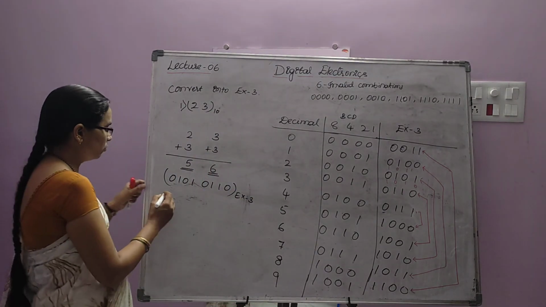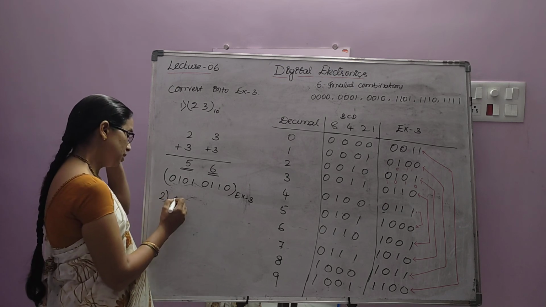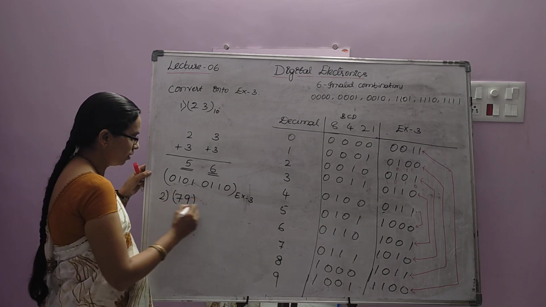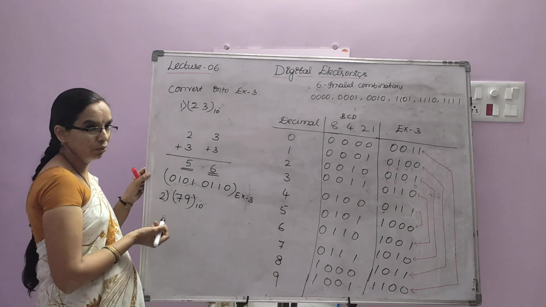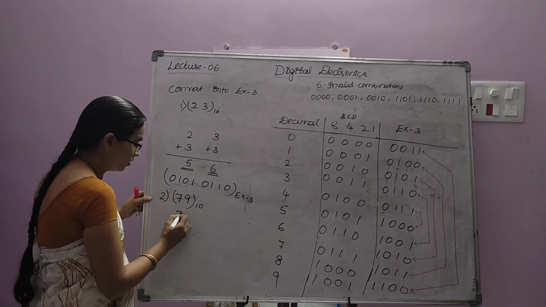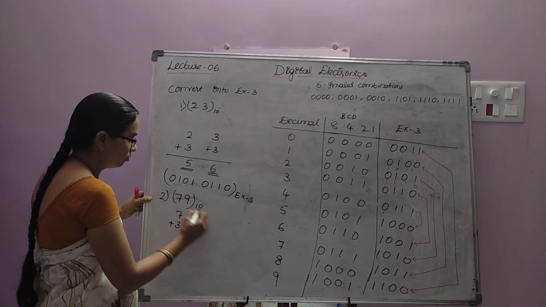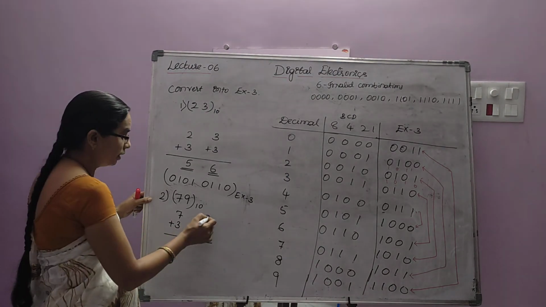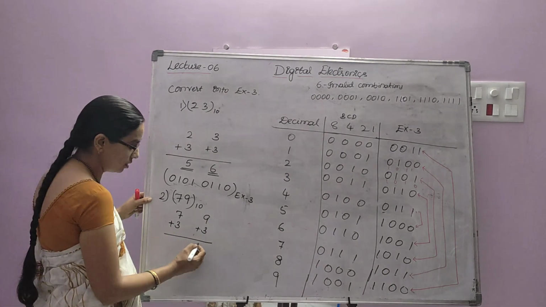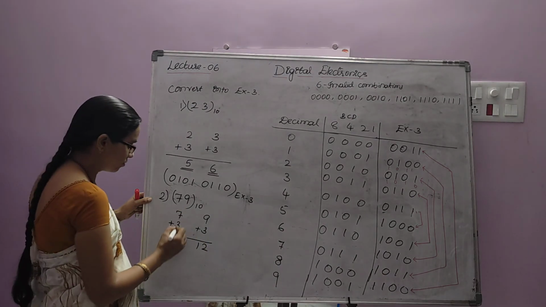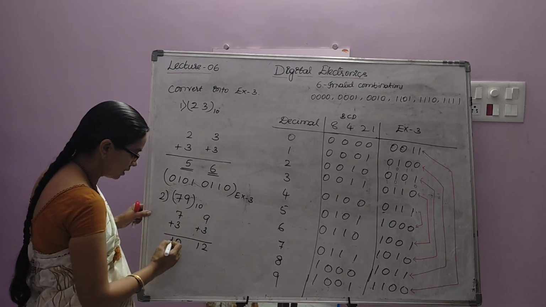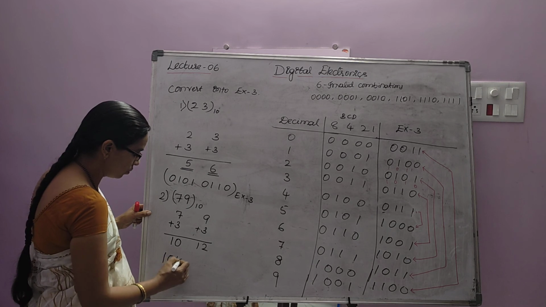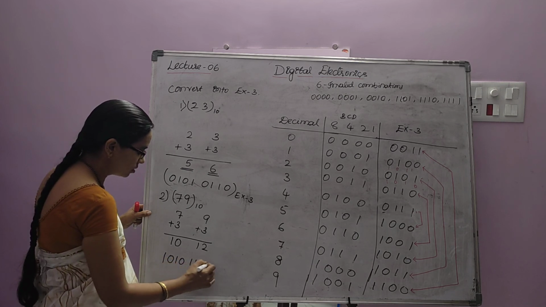Okay. Let us solve one more example. 79 of decimal, we convert this into XS3. For 7, add 3. For 9, add 3. 9 plus 3 is 12. 7 plus 3 is 10. The XS3 equivalent will be 1010 1100.